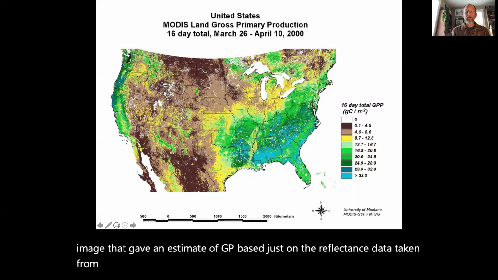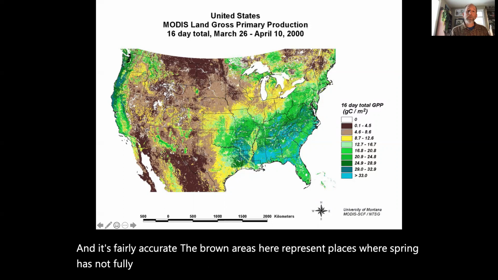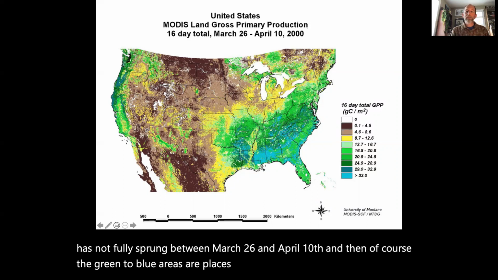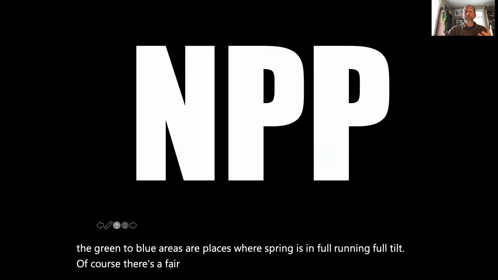And it's fairly accurate. The brown areas here represent places where spring has not fully sprung between March 26th and April 10th. And then, of course, the green to blue areas are places where spring is in full, running full tilt.